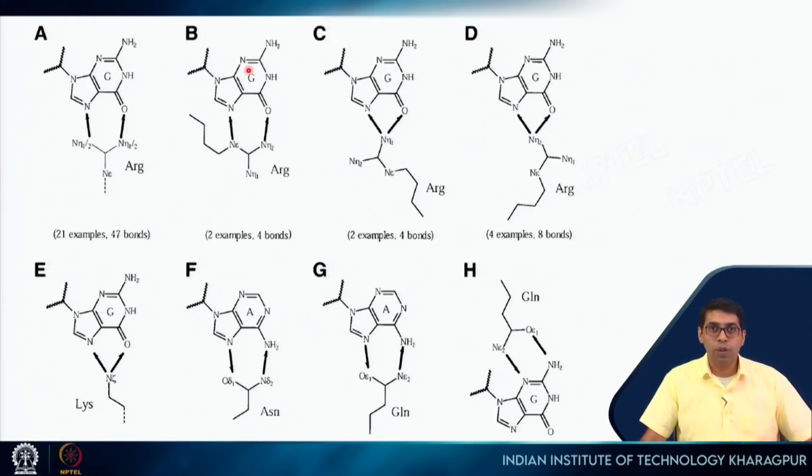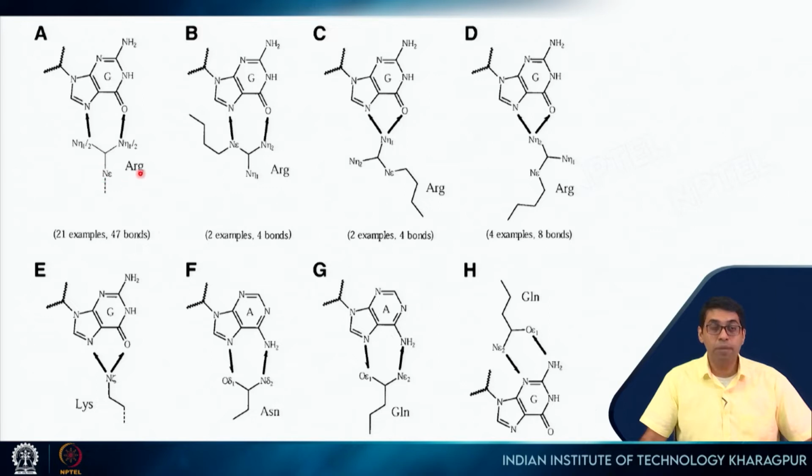So on top, what we see are the nitrogenous bases, and at the bottom we see various side chains. What we see here is the interaction of guanine with arginine side chain. The arginine side chain can form hydrogen bonds with the guanine, and it turns out that they form very nice pairs of hydrogen bonds.